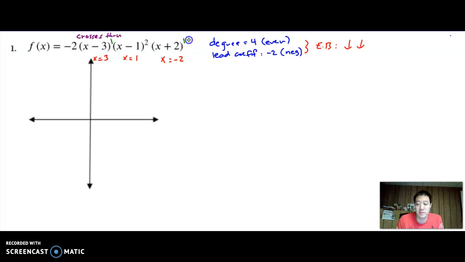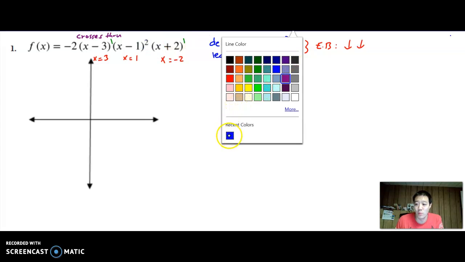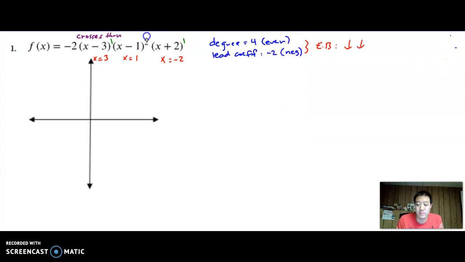Same thing at x equals negative 2. For the middle one, at 1, because it has an even exponent, it's going to touch or just bounce. It'll touch that x-intercept and bounce right back.